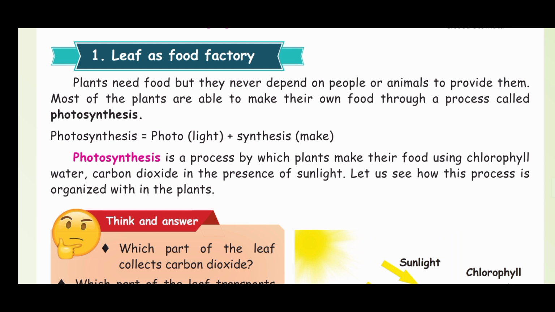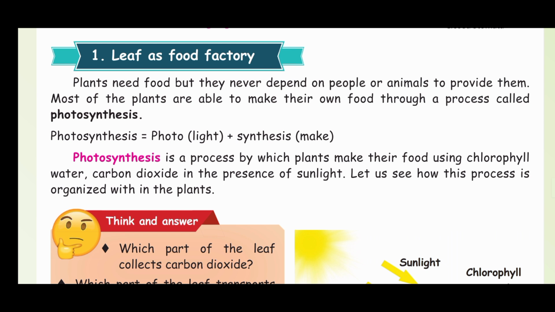Most of the plants are able to make their own food through a process called photosynthesis. So most plants make their own food. They don't depend on humans or animals to get food. The process by which they produce their own food is called photosynthesis.